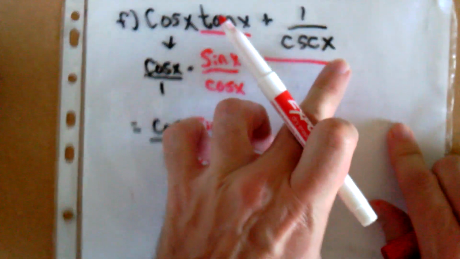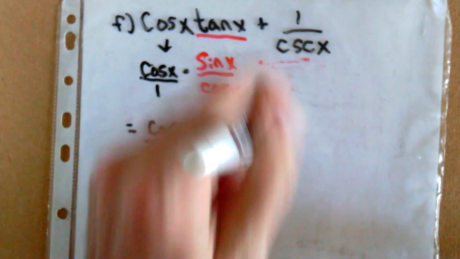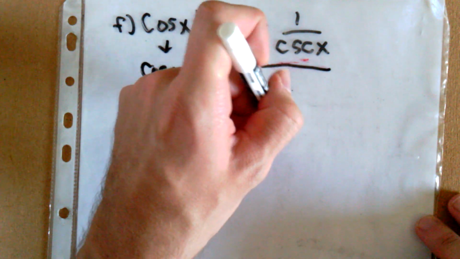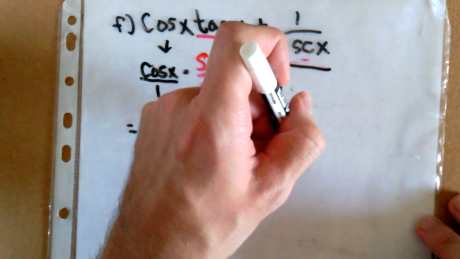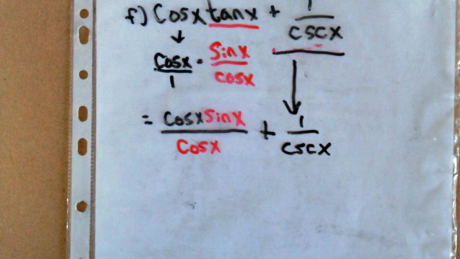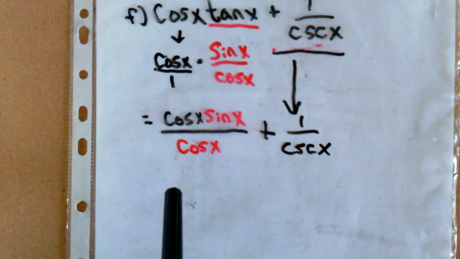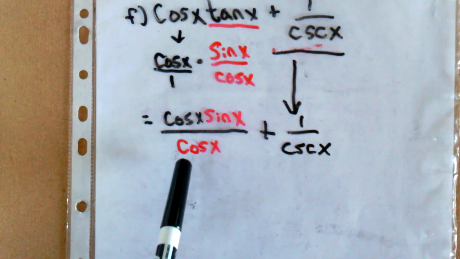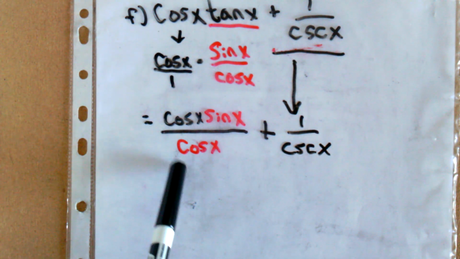And remember, we still have our plus 1 over cosecant. So I'll go ahead and bring that down. Plus 1 over cosecant. Okay. Now, does anything cancel out yet? Well, we have cosine in the top of the fraction, the numerator, and we have cosine in the denominator, or the bottom of the fraction, so that's cosine divided by cosine.